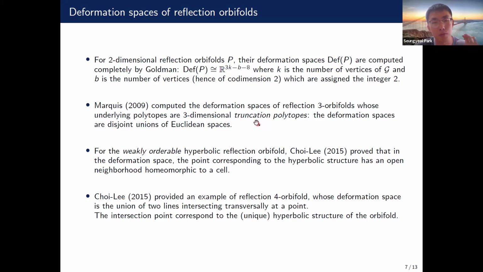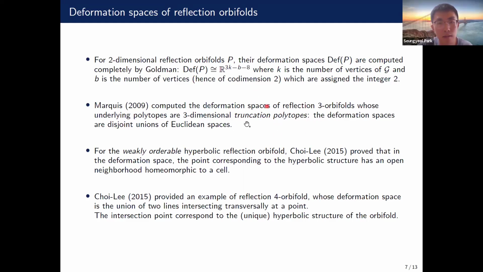For higher dimensional Coxeter orbifolds, there are some partial results on the computation of the deformation spaces. For example, Marquis considered certain Coxeter polytopes called truncation polytopes, obtained by starting from the tetrahedron and truncating some vertices.